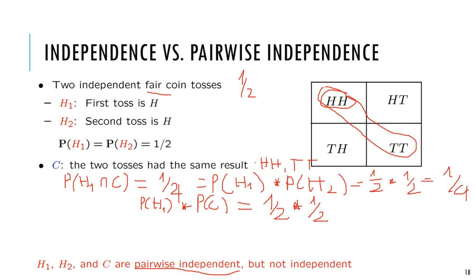Why is C 1/2? Because it has two outcomes out of a sample space of four. So they are equal, which means that the first toss heads and the event C are independent. The same holds for the second toss heads and C, so they are independent.